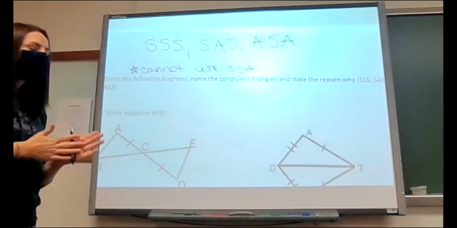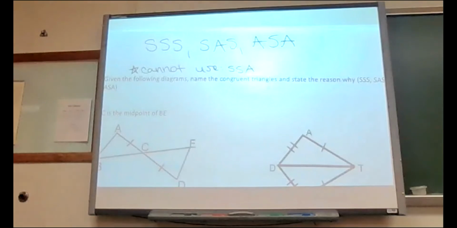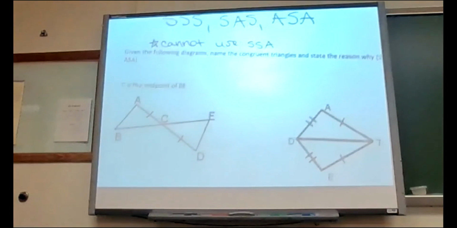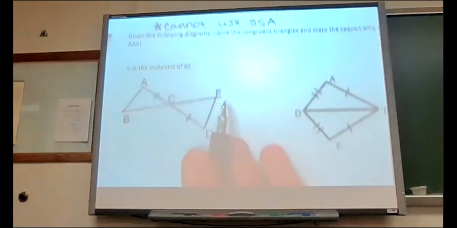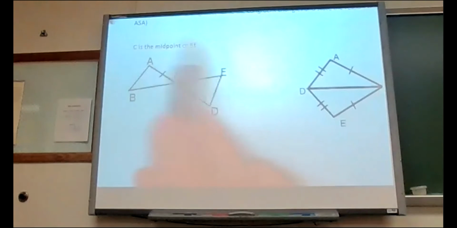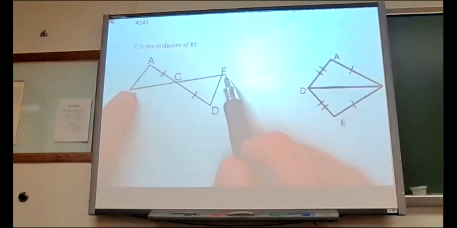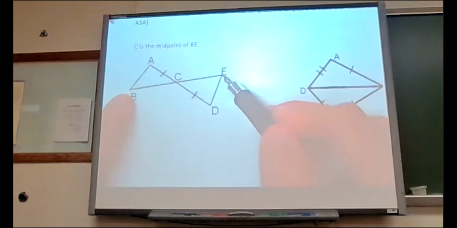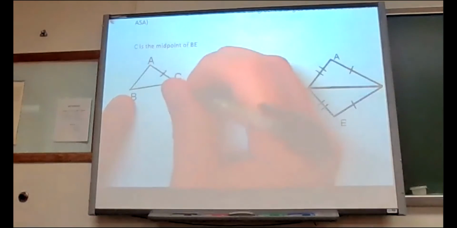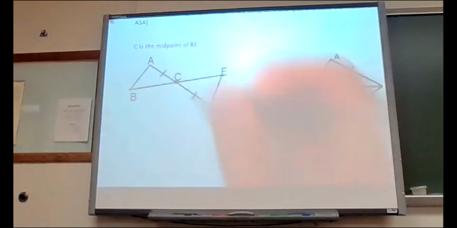Looking at these diagrams, we're going to decide, are the triangles congruent and how? My first diagram tells me C is the midpoint of BE. What does that mean? It must be true. What's equal to what if that's true?